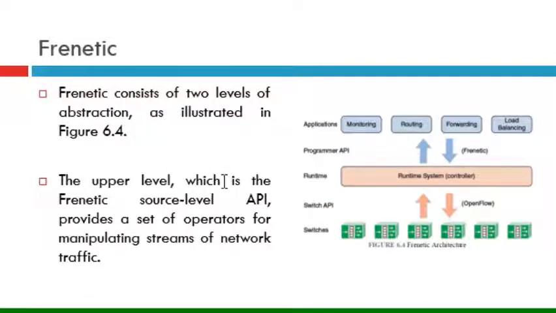The lower level of abstraction is provided by a runtime system that operates in the SDN controller. Actually, students, Frenetic translates high-level policy and queries into low-level flow rules, then issues the needed OpenFlow commands to install these rules on the switches.